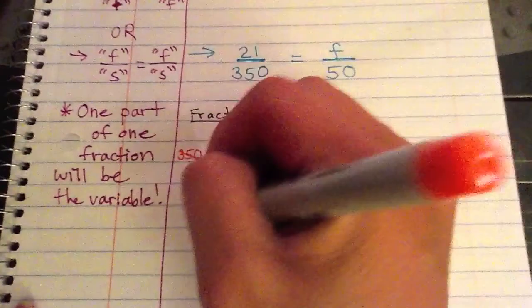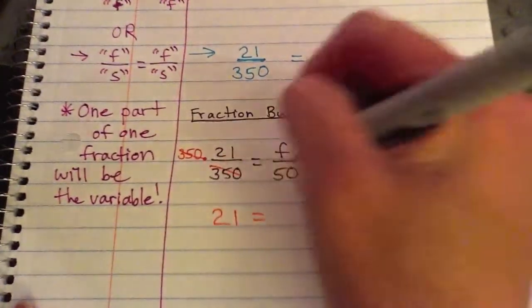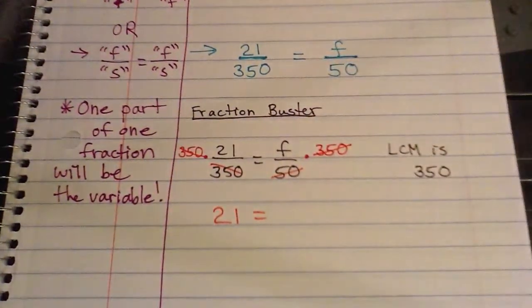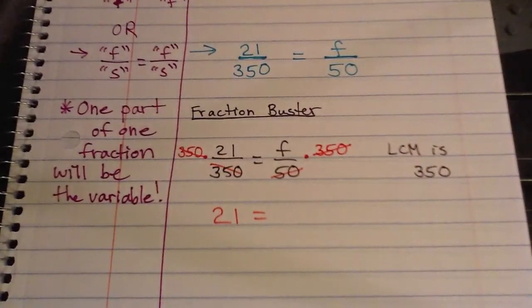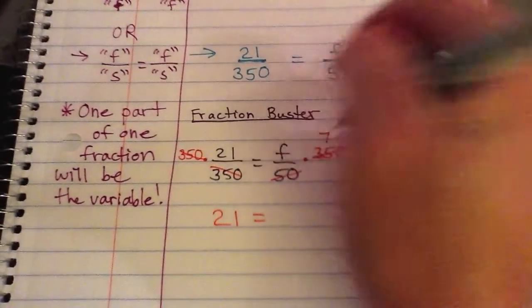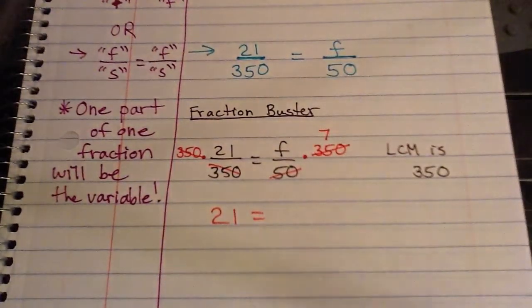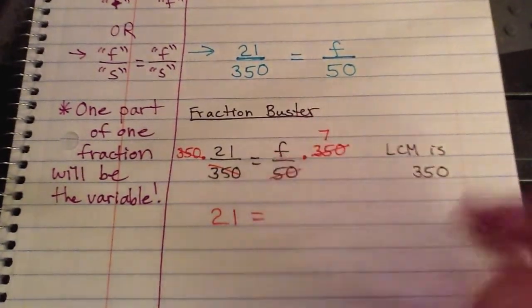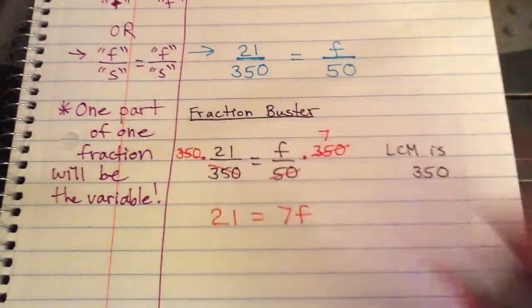That's a 1, and I bring down my 21. 50 goes into 50 once. 50 goes into 350 7 times. Now I have f times 7. Remember, your coefficient always goes in the front. So I have 7f.